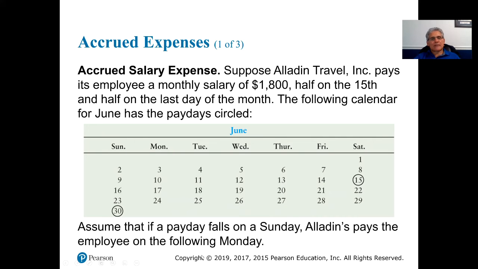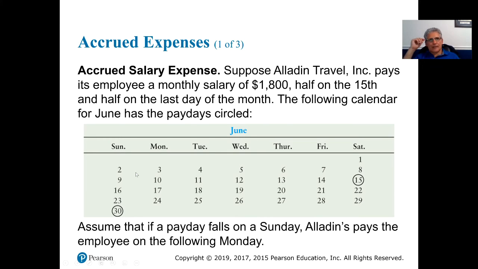Let's assume that if the payday falls on a Sunday, which it does in this example, then Aladdin will pay it on the following Monday. Well, that's too bad. So if you work for Aladdin, you normally get paid on June 30th, but apparently you're not going to get your check until the Monday that follows.